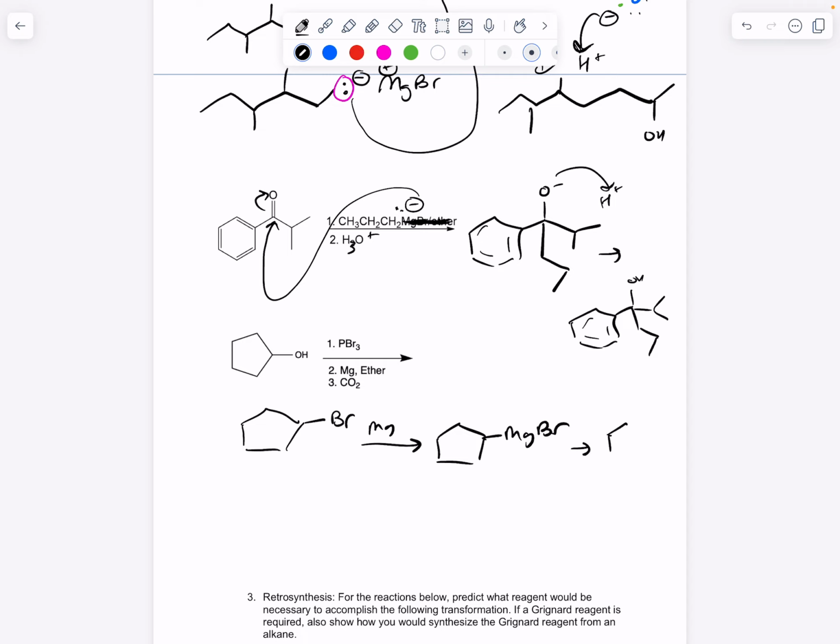So then that acts like this, basically. It's just a lone pair, and on CO2, it would attack and break, and so you'd get a 5-membered ring with the carbon oxygen and then the O minus.